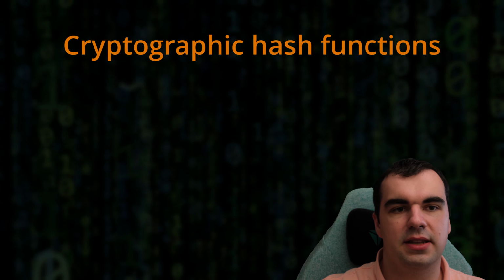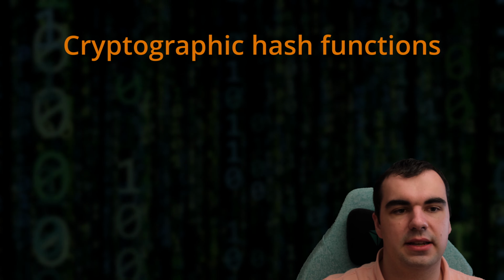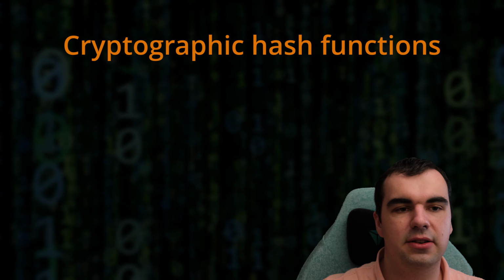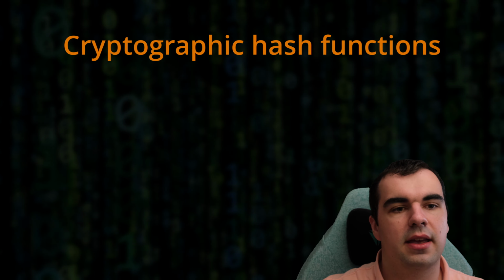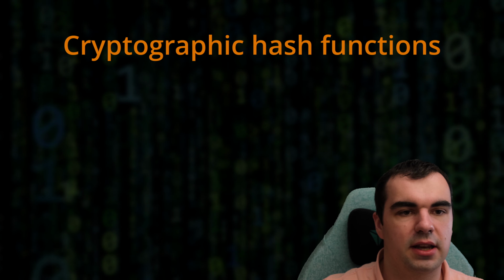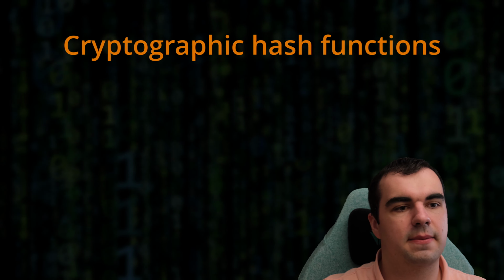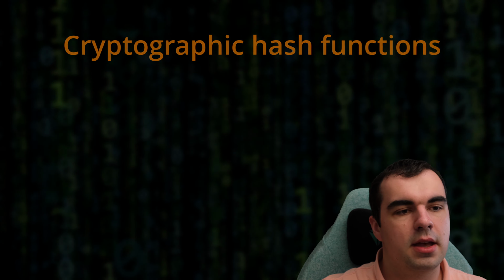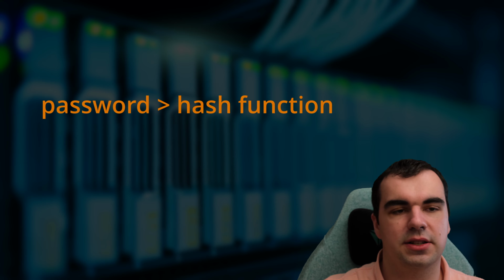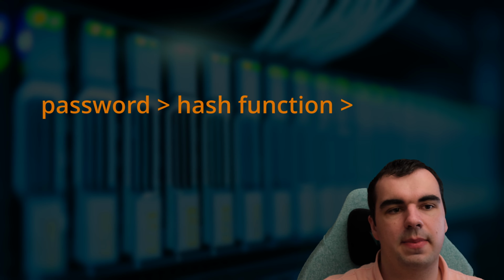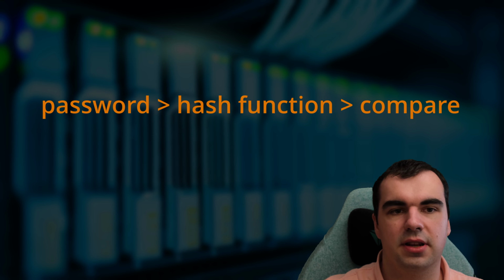The technical name for this feature, I should say, is pre-image resistance, if you're interested in the technicalities. So the server uses this hash function in the login process, and the steps that are followed are: it takes the password, puts it through the hash function, takes that hash and then compares it to the hash that's stored on the server.